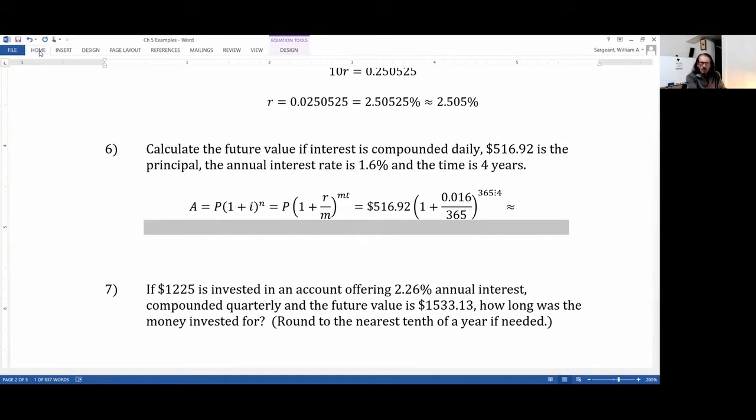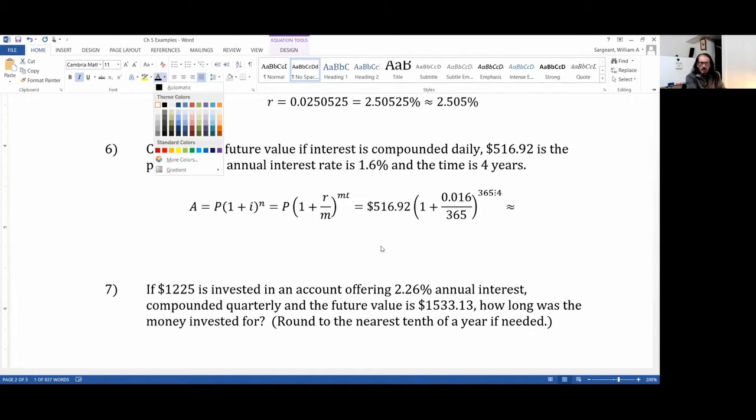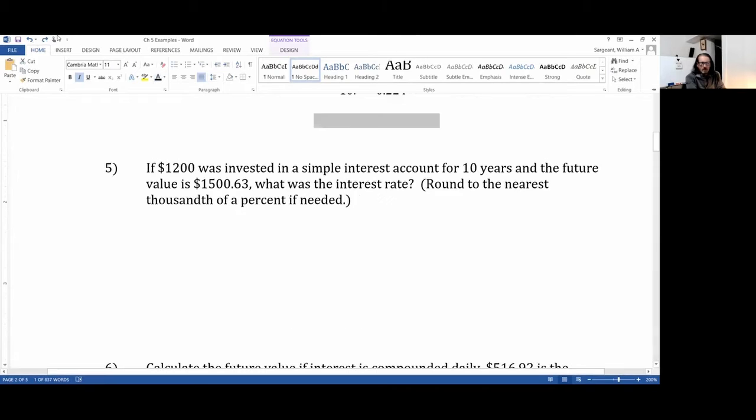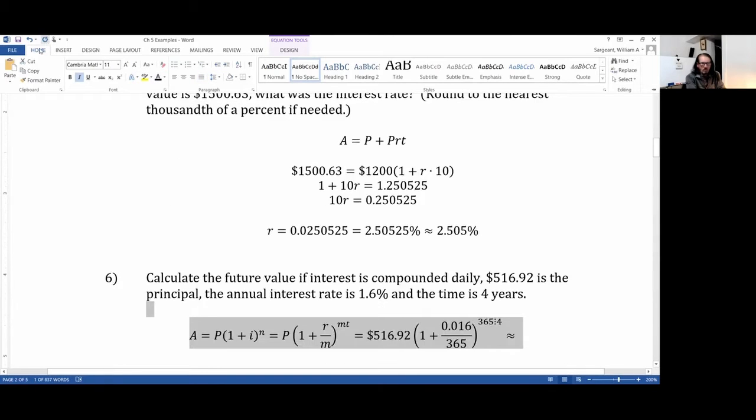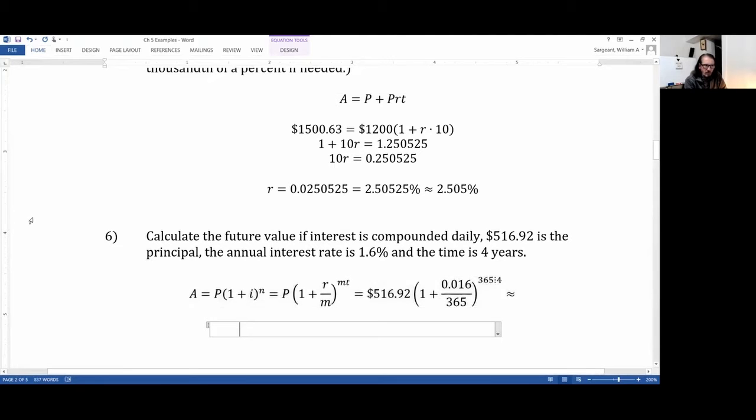Okay, so 365 divided into 0.016. Notice again, that 1.6% as a decimal, I have converted from a percent by moving that decimal point 2 to the left. I'm going to divide that by 365. So let's see what we get there.